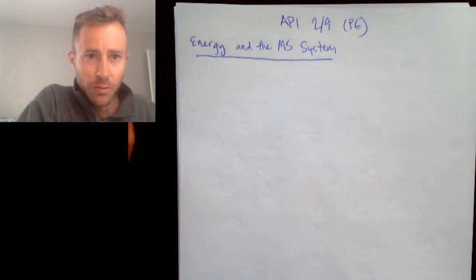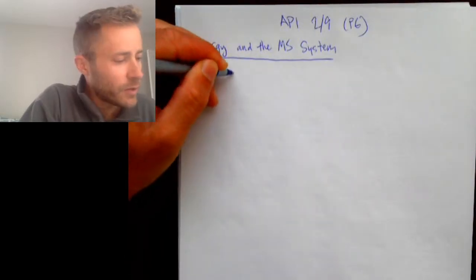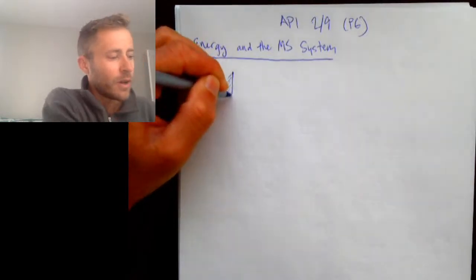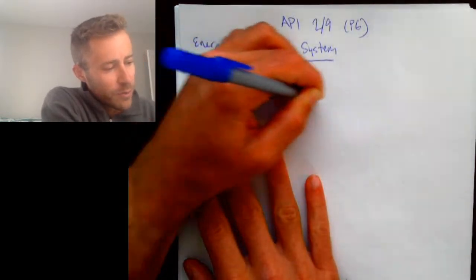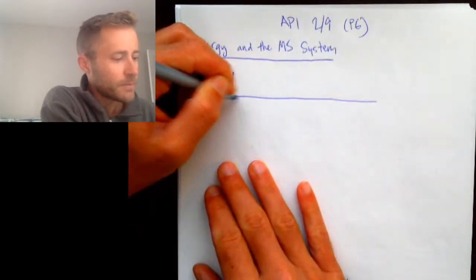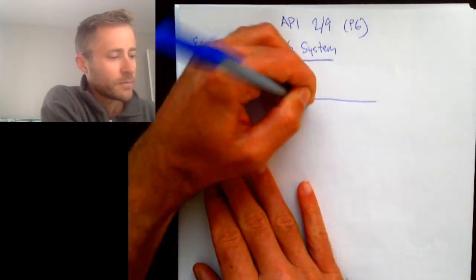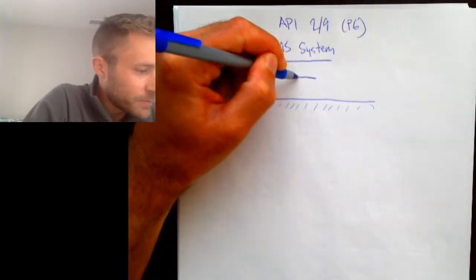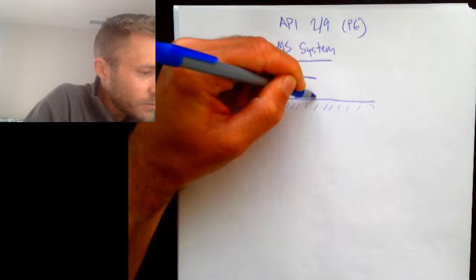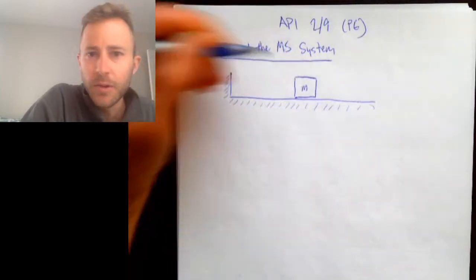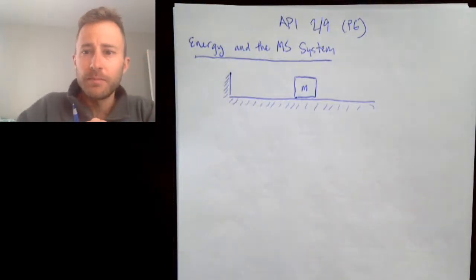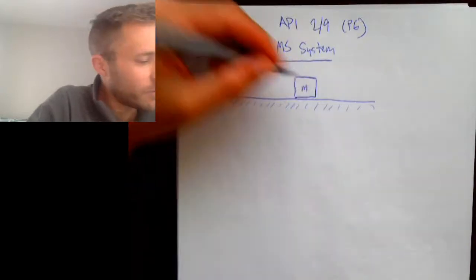So just to remind you what a mass spring system is, you've got a wall, and you've got a frictionless floor, and you've got a mass M that is at rest, or not at rest, but it's just sitting there for now.